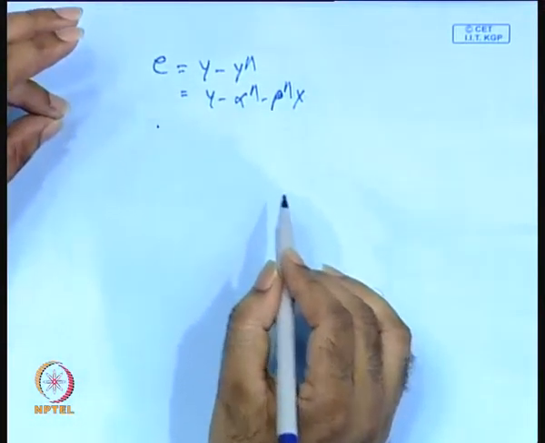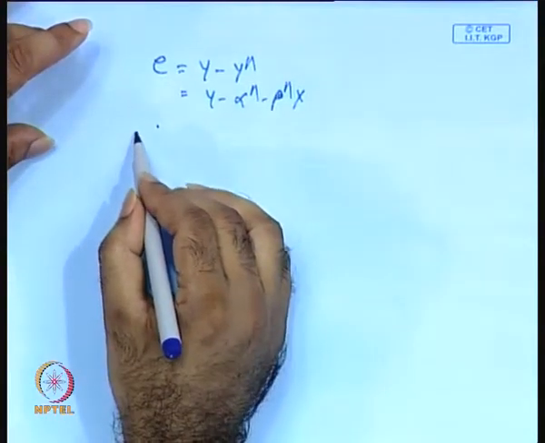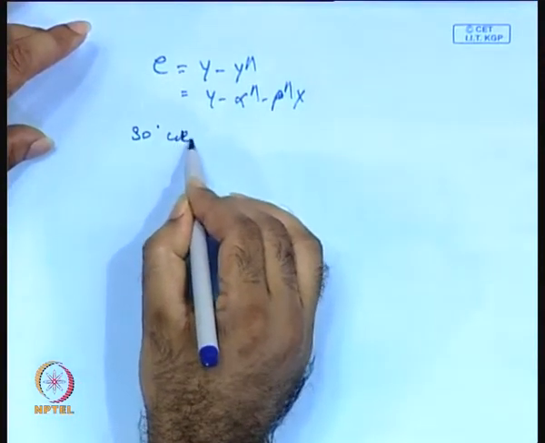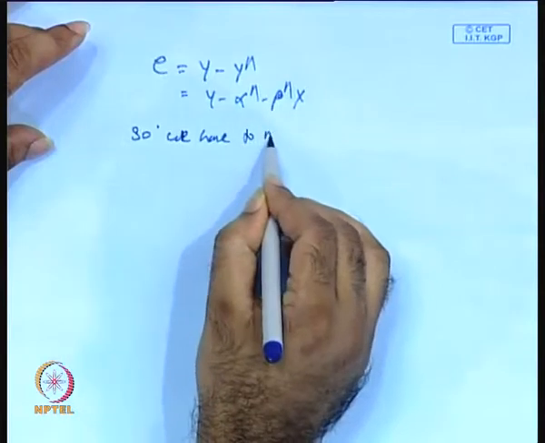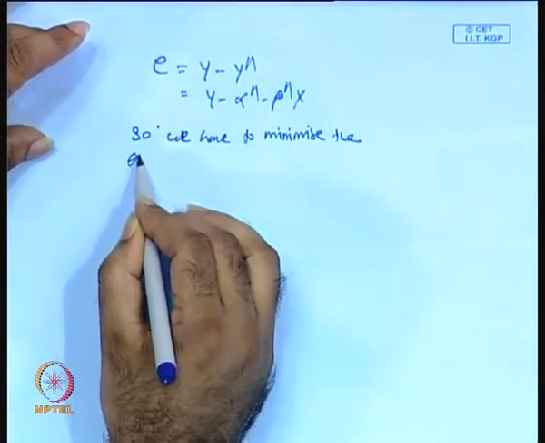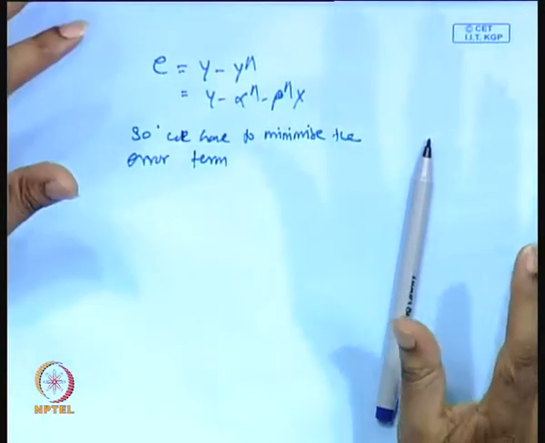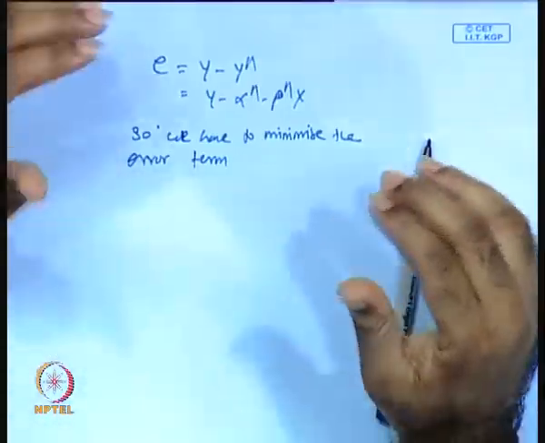Here, to get alpha hat and beta hat, we have to minimize the error term. The way we minimize the error term, we will get the best value of alpha hat and the best value of beta hat.